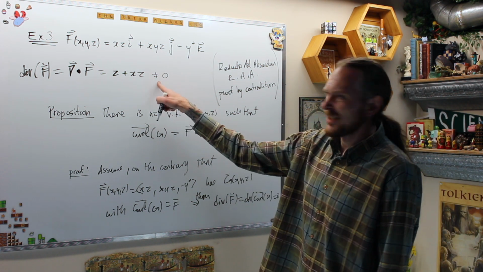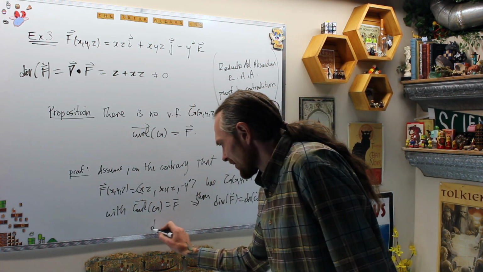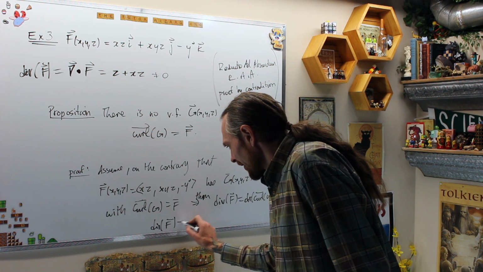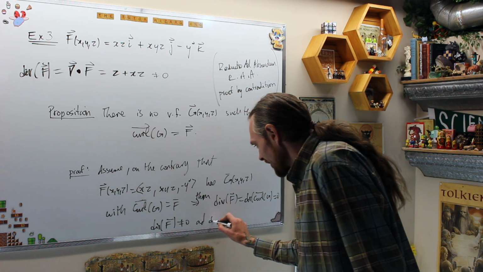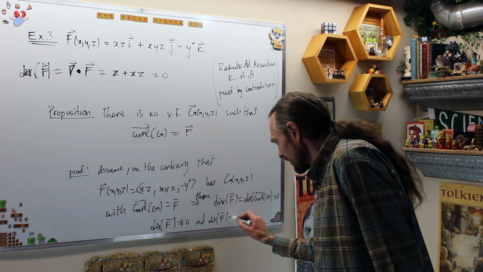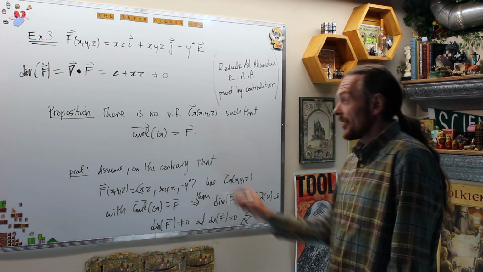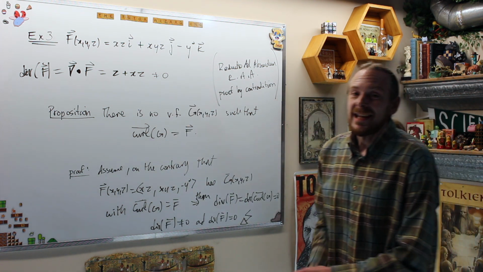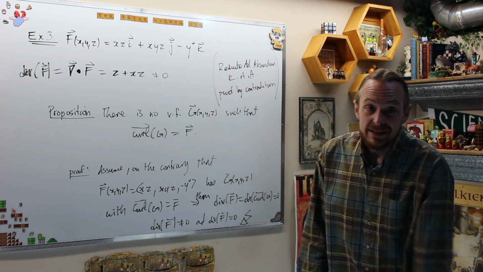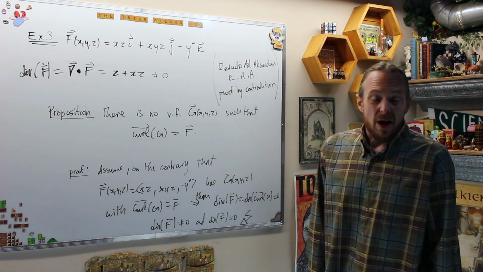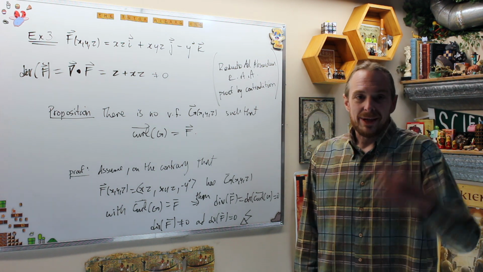But our divergence is not 0. So that says the divergence of F is not 0 and the divergence of F is 0. This is a contradiction. Therefore, we proved the fact that if you have a function whose divergence is non-zero, there is no other vector field whose curl is F.